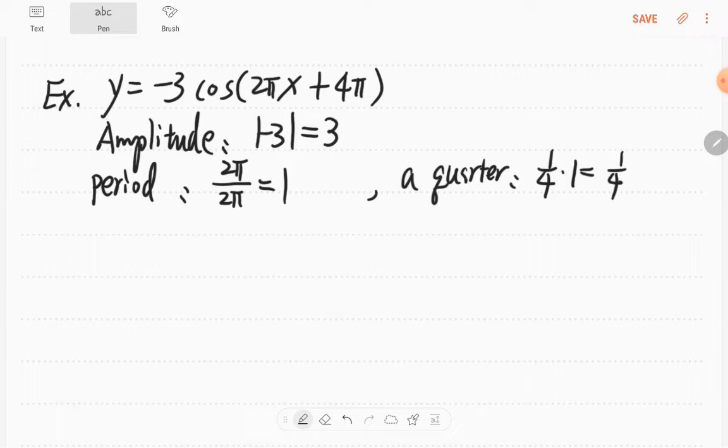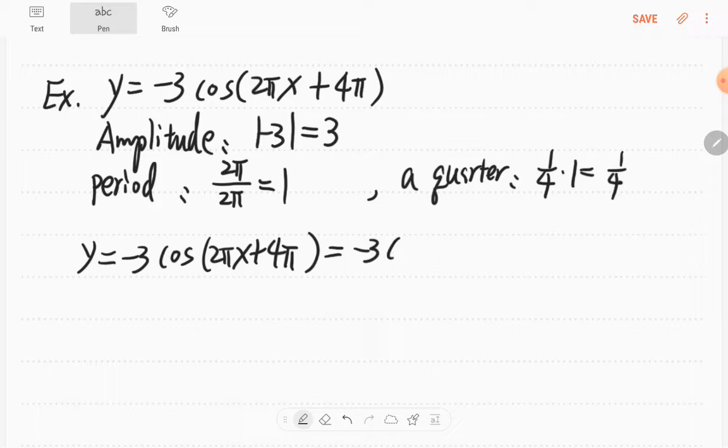So y equals -3 cosine of 2 pi x plus 4 pi can be written as -3 cosine of 2 pi times x plus 2, right? We factor out 2 pi.